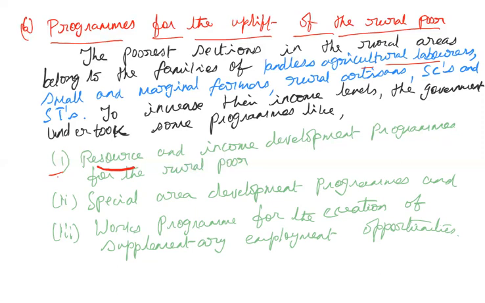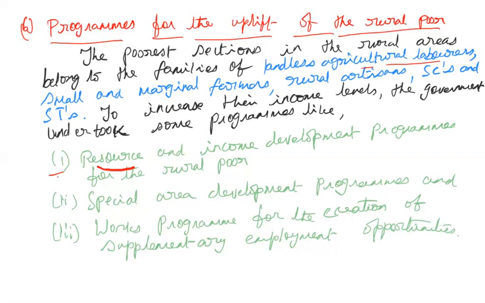So the agricultural laborers were provided a certain amount of land, so that at least they will have some income earning opportunity. If they have a piece of land on their own, they can start cultivating and generate a certain amount of income. So resource has to be provided to these people so that they will start earning income. And income development programs.